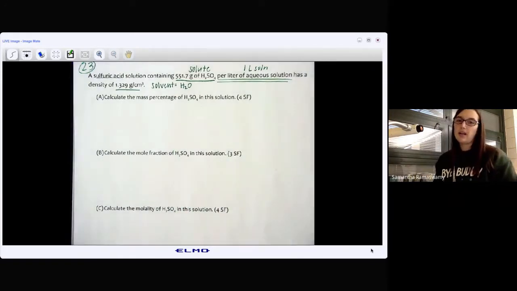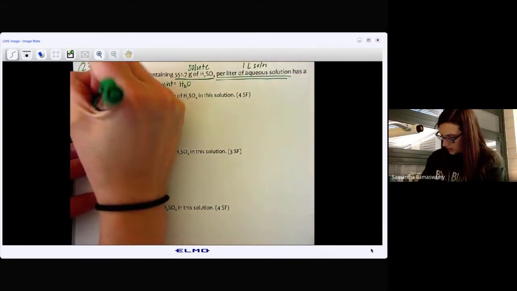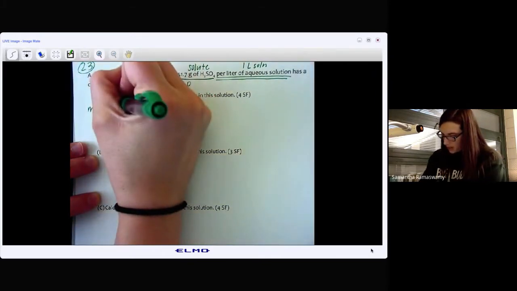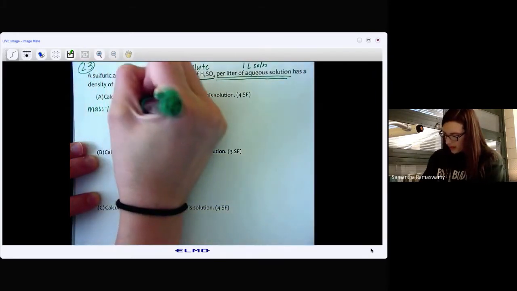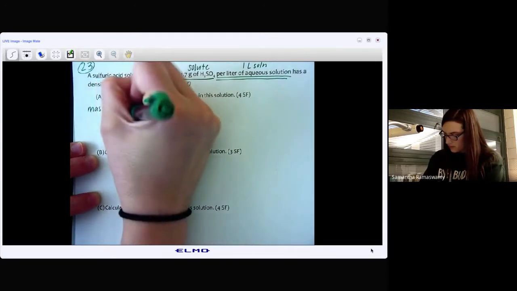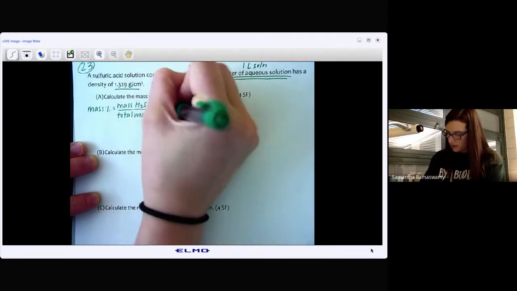So for part A, calculate the mass percentage of H2SO4 in this solution. So we want to calculate mass percent. Mass percent of H2SO4 means we're going to have the mass of H2SO4 over the total mass of solution times 100.